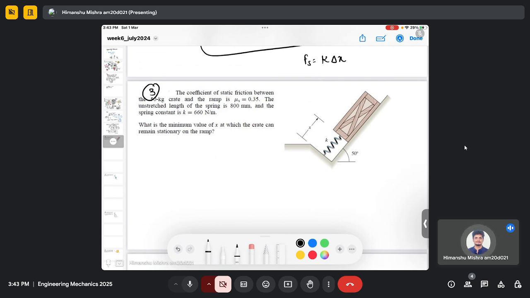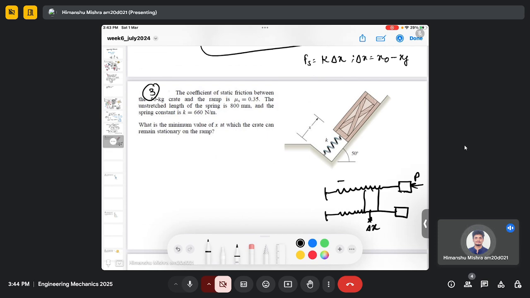This change in the distance is actually the original spring length, let's say x naught, minus the final spring length, because you have the spring and let's say this is our original spring length. When you apply the force, when you try to push a block, this will get compressed. So this actually is delta x.